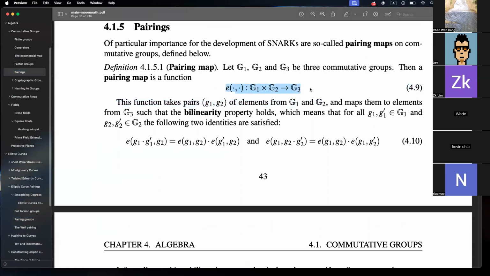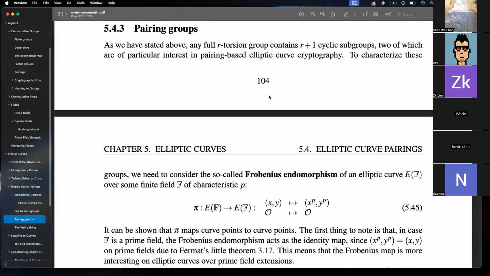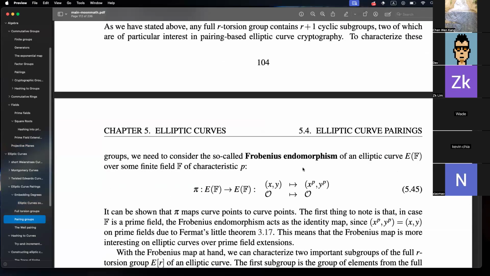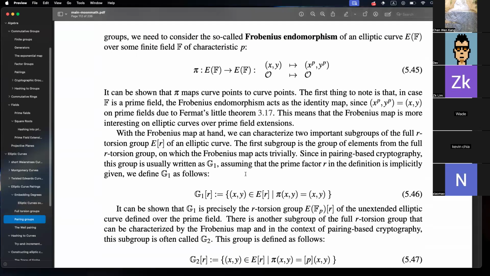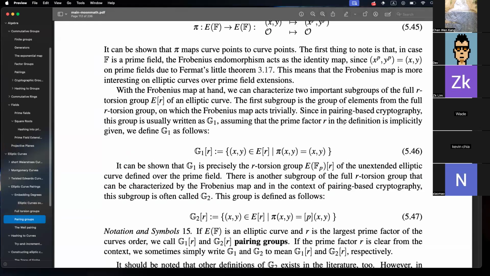This is what pairings are. A pairing map is a function G1 x G2 mapping to G3. The function takes an element from G1 and G2 and maps them to G3 such that the bilinearity property holds. So pairing groups essentially talks about how we get G1 and G2. Any questions on this?